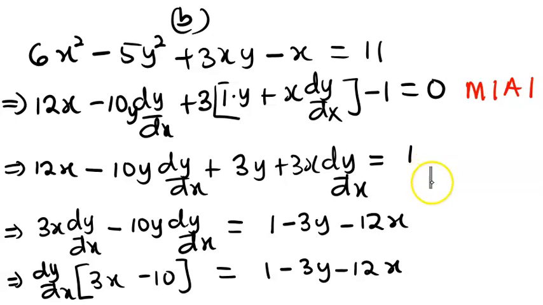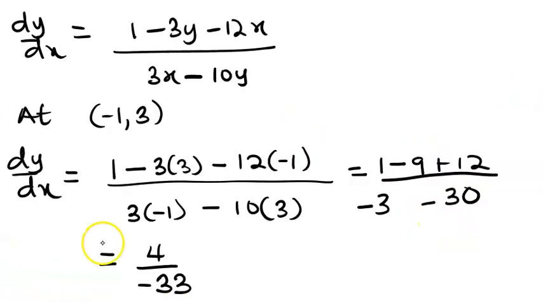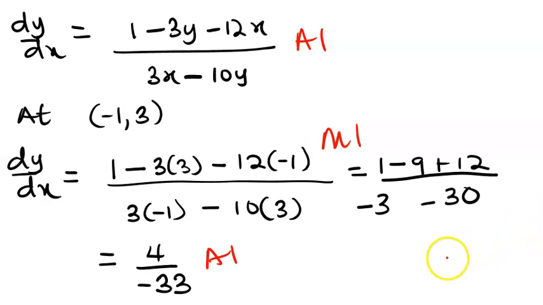Finding the gradient function, you get M1, and then the final gradient function, you get A1. Now we were asked to find the gradient at the point (-1, 3), so M1 for substitution, then the final answer A1. That's the correct answer. In all, you are going to get 13 marks.